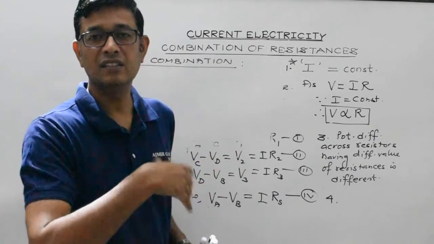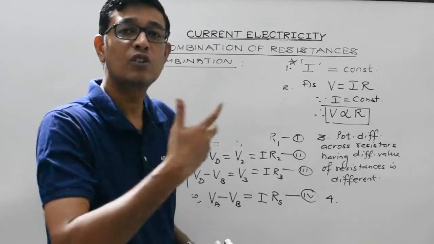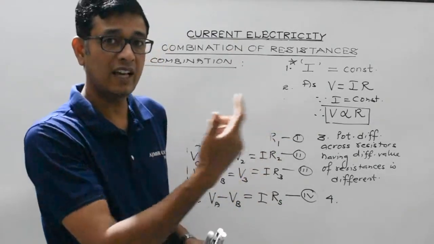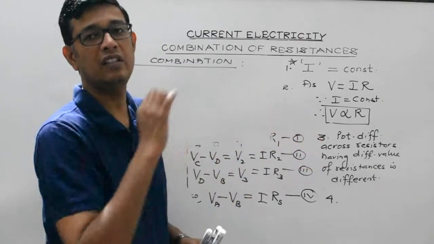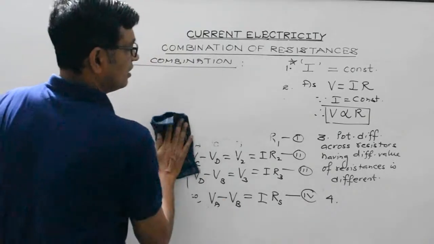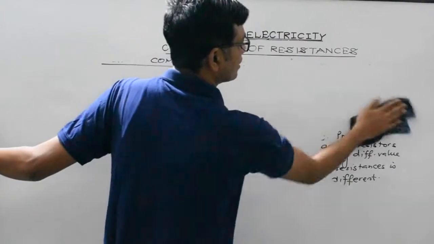So what it does is, the potential difference across each of the resistors would be the same as that of the PD, potential difference applied between points A and B, right? So that's the eventual condition for the resistors to be connected in parallel.